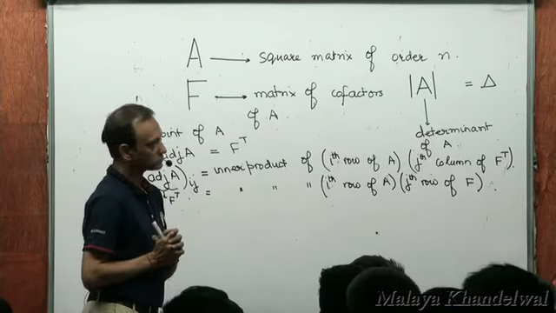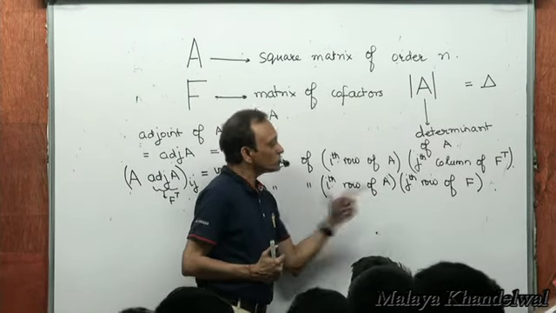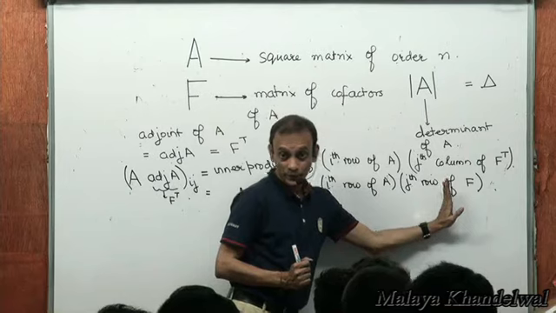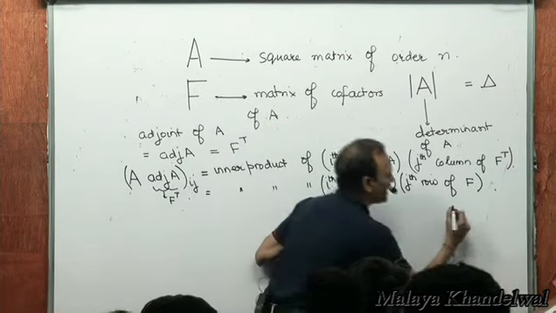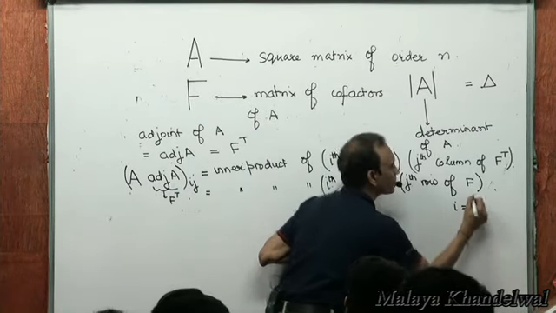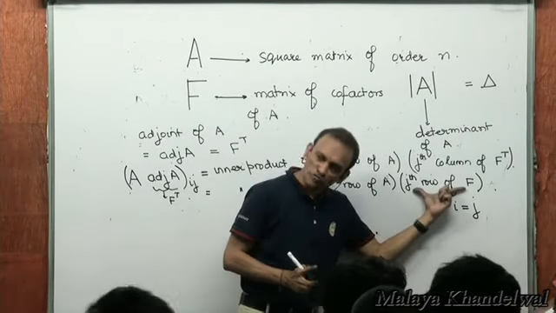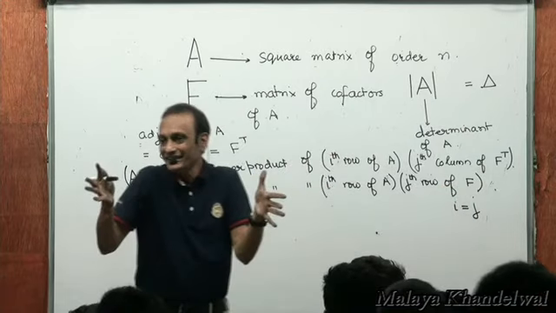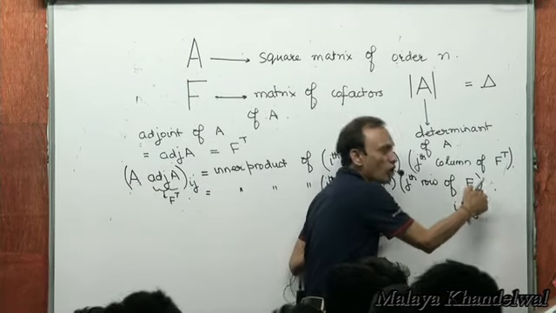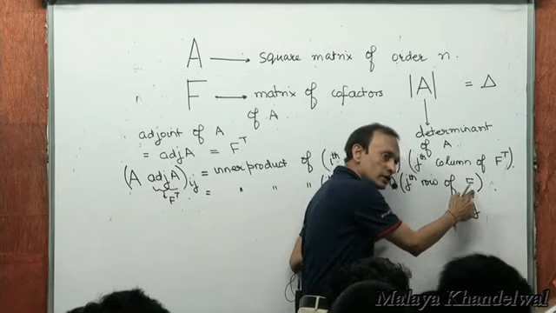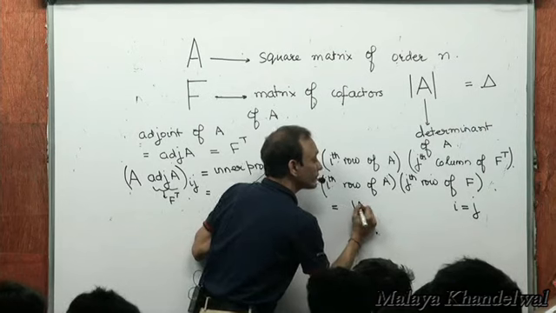Now there are two possibilities: I can be equal to J or I is not equal to J. When I is J, I take the ith row of A and the same row of its cofactors, then that inner product will give me determinant of A. Yes or no?